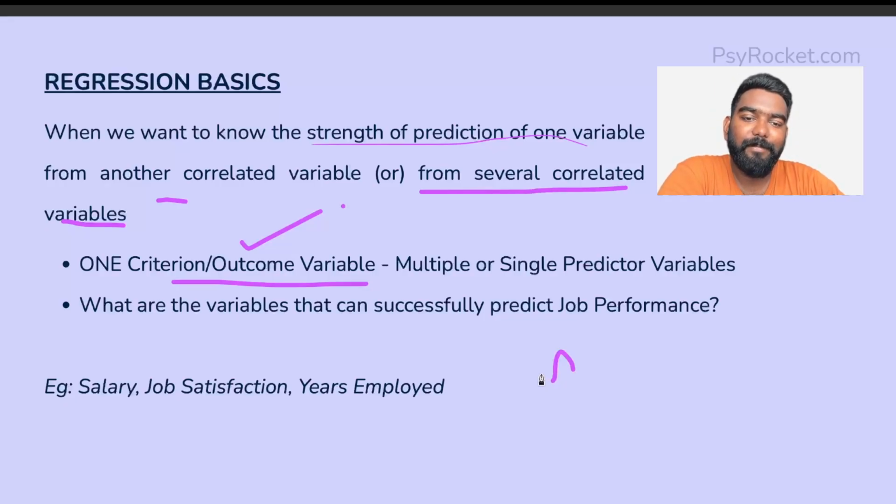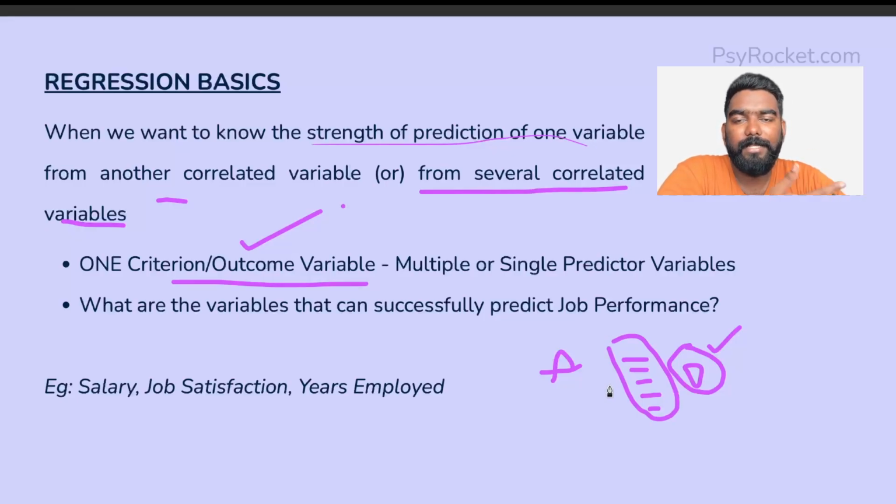Suppose there is a matchmaking in marriages and all. You want to see what are all the variables which can successfully predict whether that particular bride or bridegroom will say yes or no to the marriage. Here, that bride or bridegroom saying yes or no is the dependent variable, and all the other predictors like financial status, physical attractiveness, maybe caste of parents, educational status, everything will be independent criterion variables.